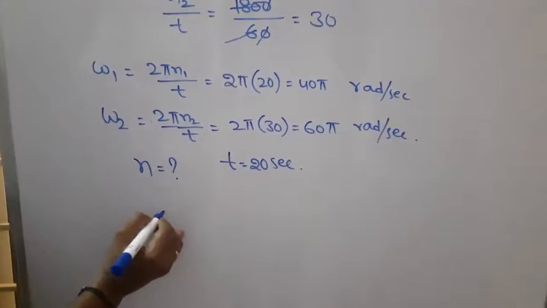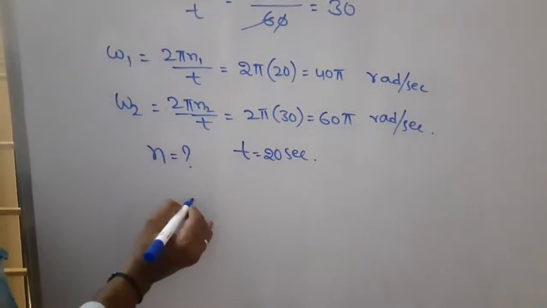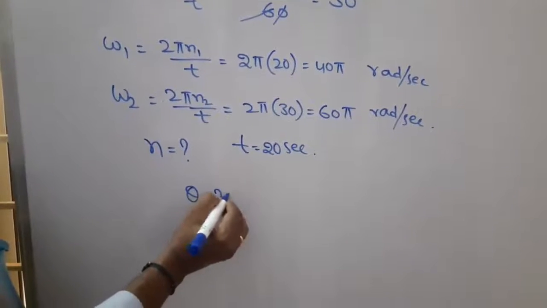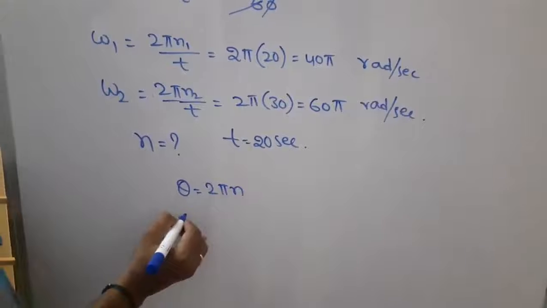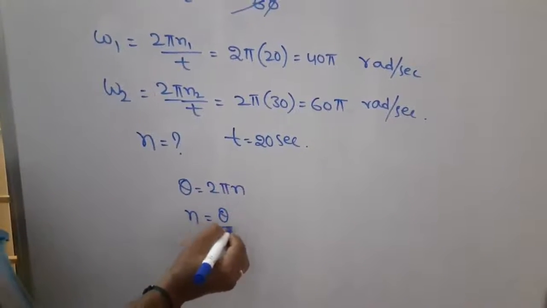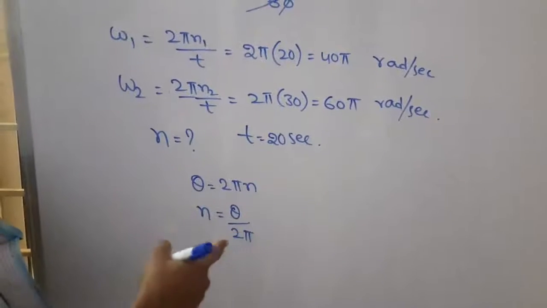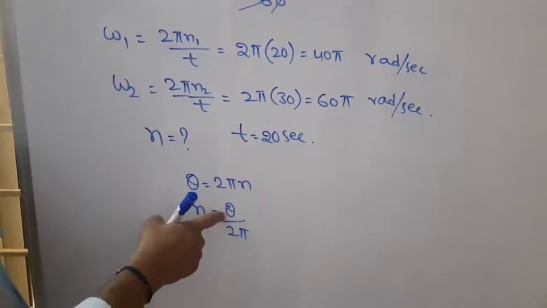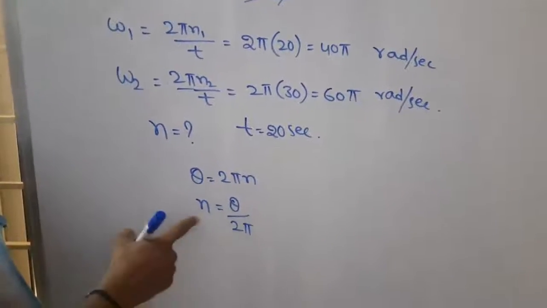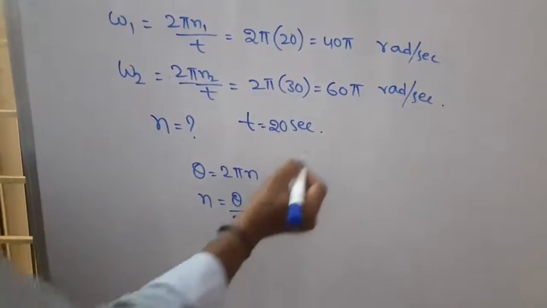Then the number of revolutions: theta is equal to 2 pi into n, so n is equal to theta divided by 2 pi. Theta is nothing but angular displacement. That value we can find and substitute, then we will get the n value, right?